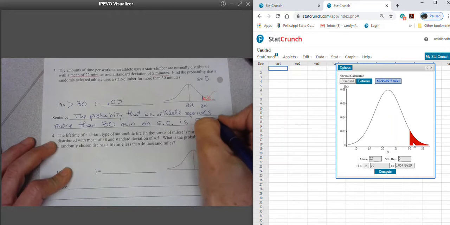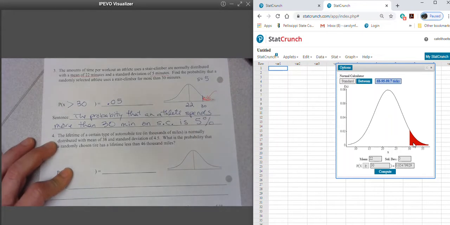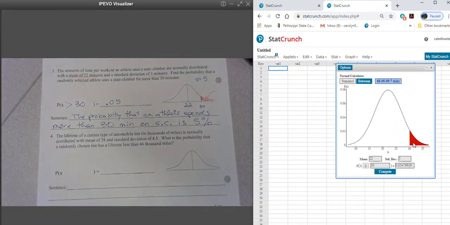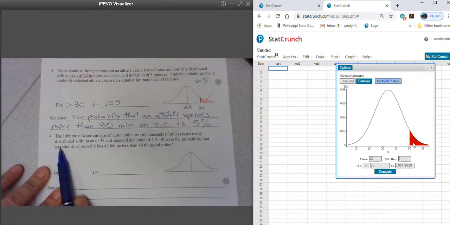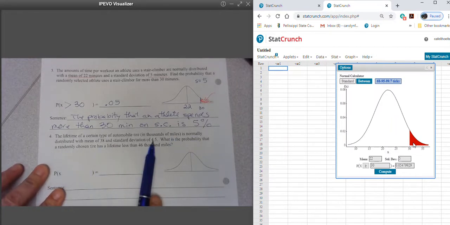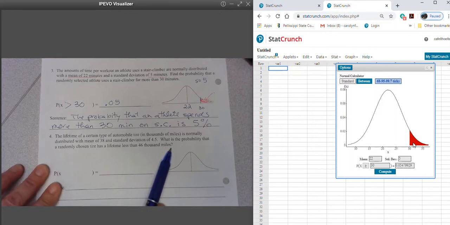All right, moving on. The next question is talking about tires, and it's telling us that the lifetime of a certain type of tire in thousands of miles is normally distributed with a mean of 38 and a standard deviation of 4.5. What's the probability that a randomly chosen tire has a lifetime less than 46,000 miles? It's important to mention that this only works with data that we know to be normally distributed.